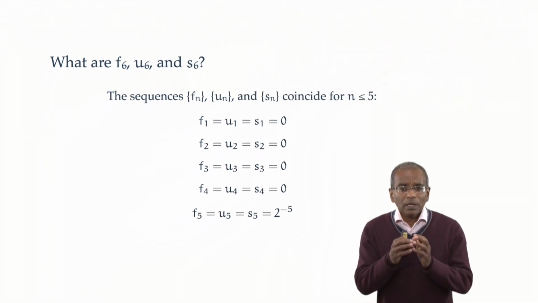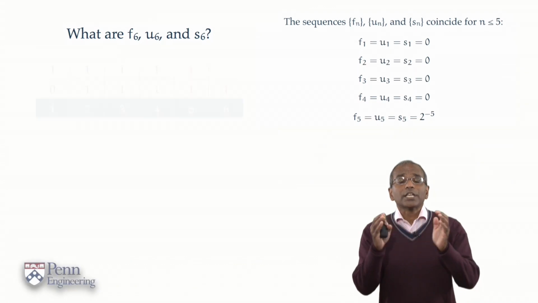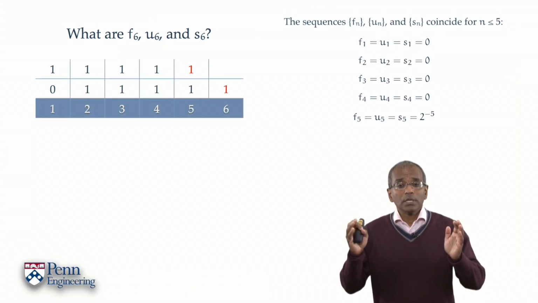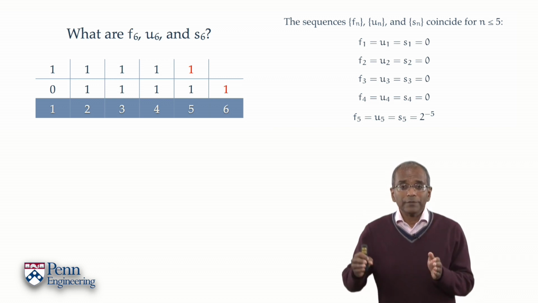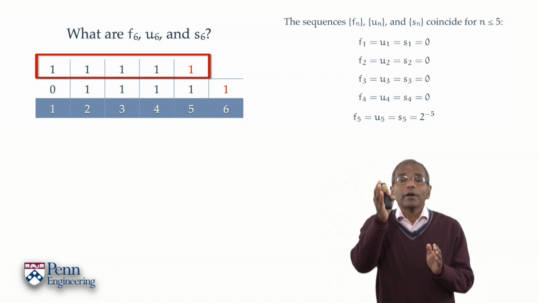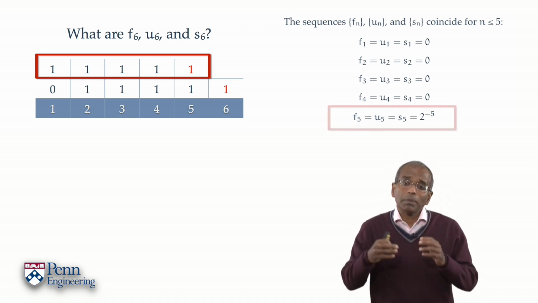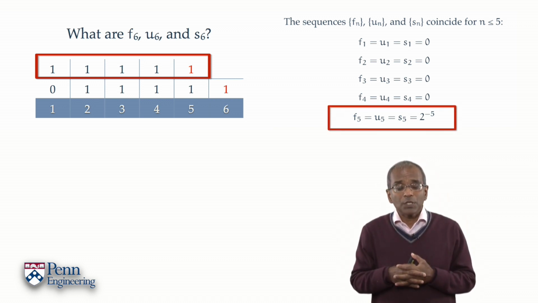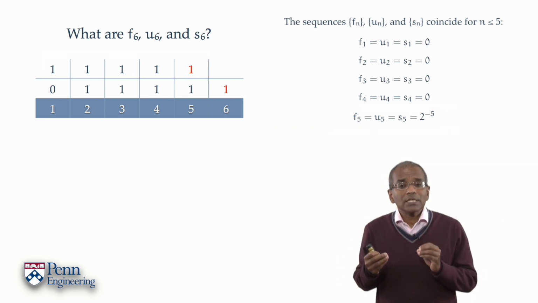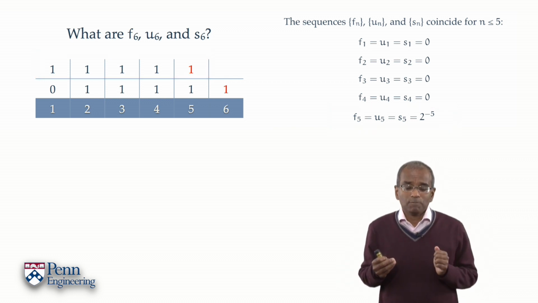Let's take a look at a picture. Let us consider the first 6 trials. If there is a success run occurring on trial 5, then in the first row of the table, you will see we must have 5 ones in a row. The probability of that is 2 to the power minus 5. But what if a success run terminates on the 6th trial?